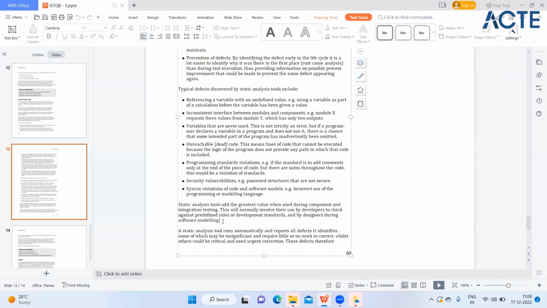Developers have previously defined things by which we can check whether the standard of code is being met or not.